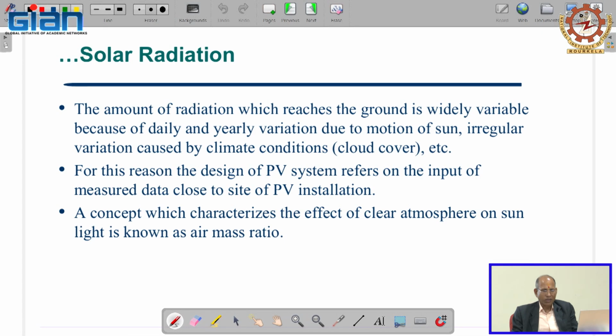Another technical term which is used, a concept which characterizes the effect of clear atmosphere on sunlight, is called the air mass ratio. So whenever you are doing calculations, one term will come: AM. AM stands for the air mass ratio.